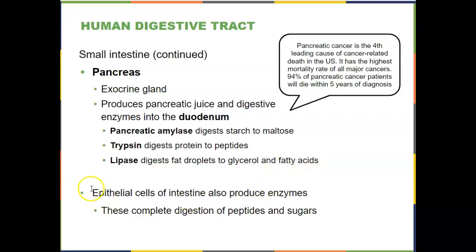And then finally, the epithelial cells of the small intestine produce enzymes that will break this disaccharide maltose into its two component monomers, and take any remaining di- and tripeptides and break them down into single amino acids. And that's the final step of chemical digestion that occurs in the small intestines right here. And at the same time, we'll be doing absorption of materials.